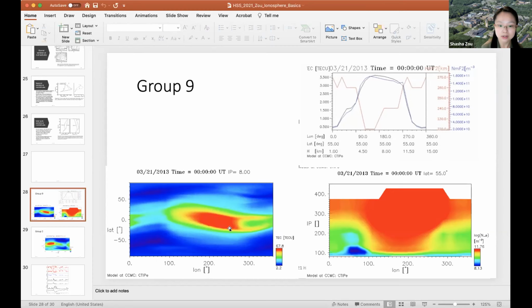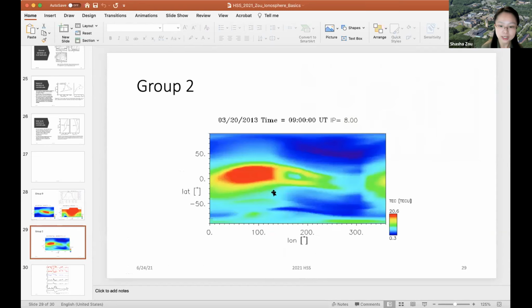We will talk about the bifurcation later. But one of the questions submitted by Group 2 is why there are fingers. So one of the things I want to clarify with Group 2 is, when you say fingers, are you talking about those two bifurcations? Do we have anyone from Group 2 that can clarify the question?